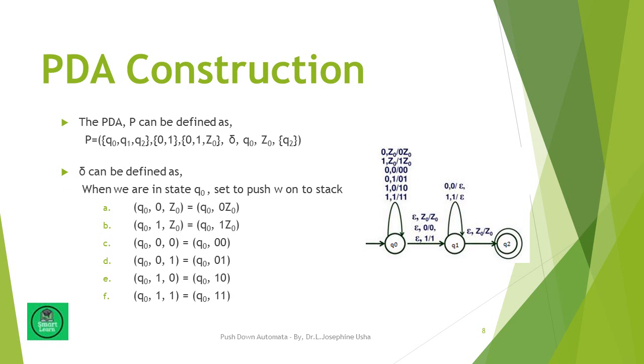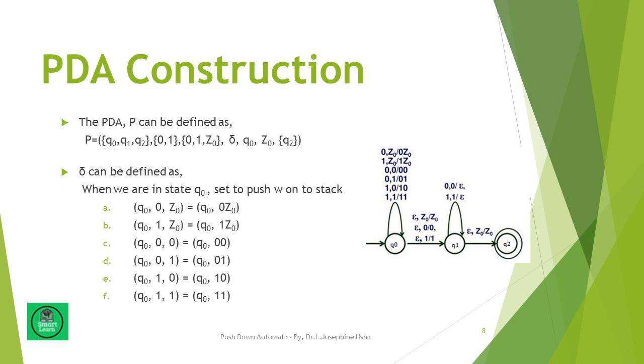The first transition is delta of (Q0, 0, Z0) equal to (Q0, 0Z0). The second one is delta of (Q0, 1, Z0) equal to (Q0, 1Z0). In this case we inserted one symbol into the stack, either 0 or 1. Now on the top of the stack we have either 0 or 1.